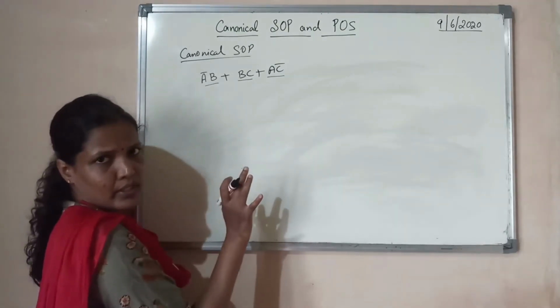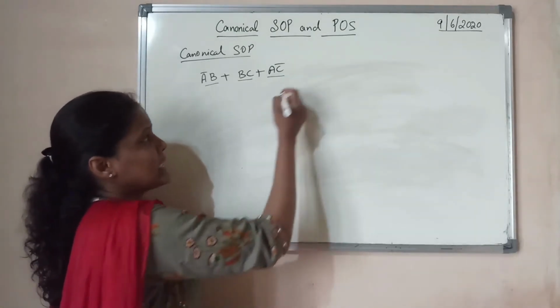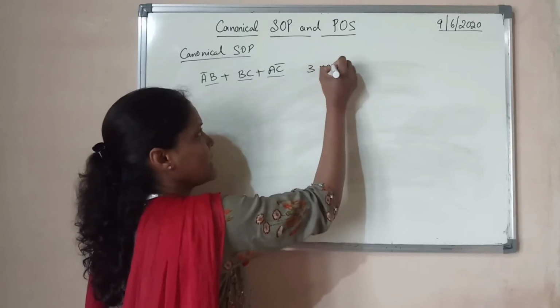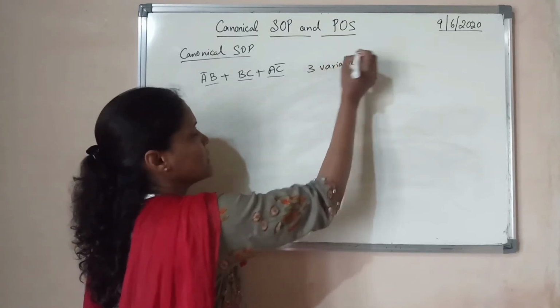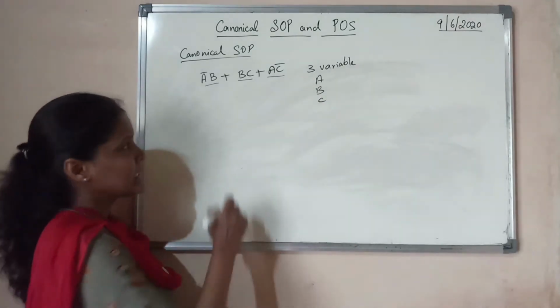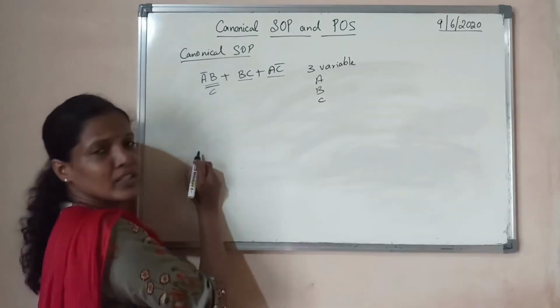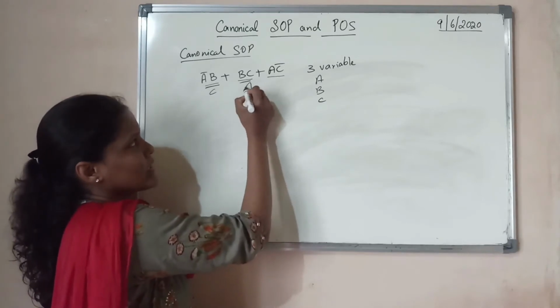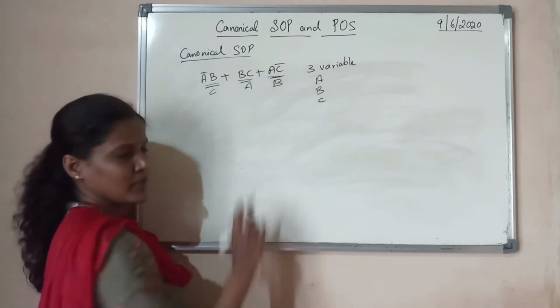These are three different terms, but it is a three variable expression: A, B and C are the three variables. In the first term C is missing, in the second term A is missing, and in the third B is missing.